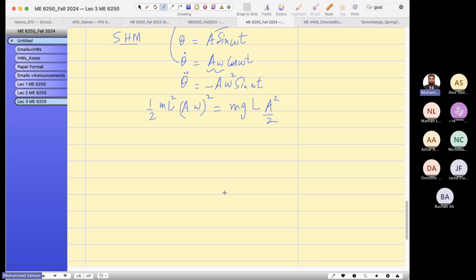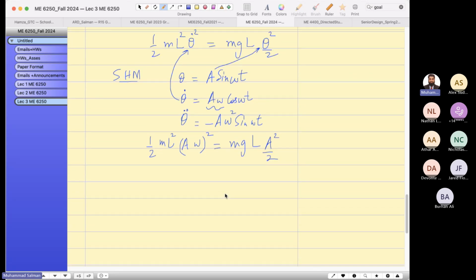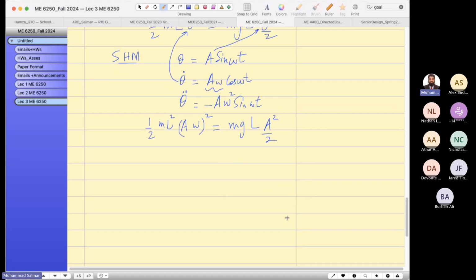Just pick the amplitude and replace theta or theta dot to simplify your answer. Then if you do the math, m is cancelled by this m. Omega is actually the natural frequency. One L is cancelled by one L, half is cancelled by half, A squared is cancelled by A squared. So you're left with omega n squared equals g over L. If you take the square root on both sides, omega n equals the square root of g over L.